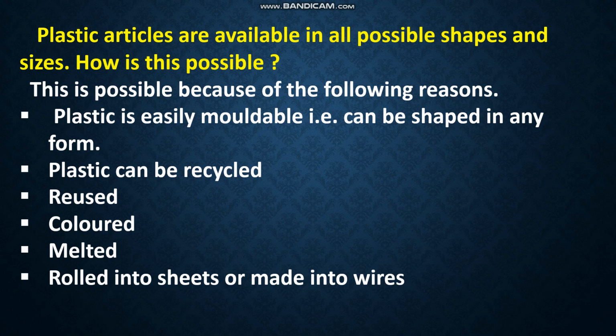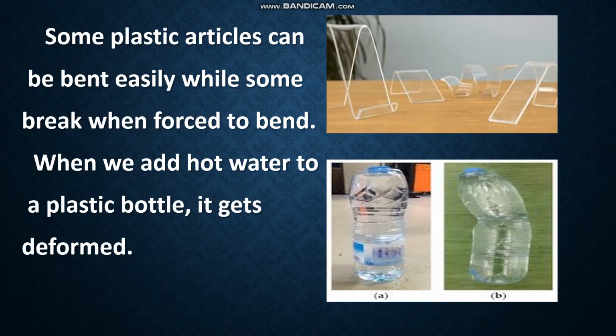Next, plastic can be recycled. Next, plastics can be reused. It can be colored, it can be melted and also rolled into sheets or made into wires. Now if you try to bend a plastic wire, you can bend it or not?